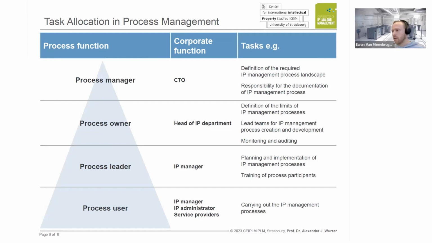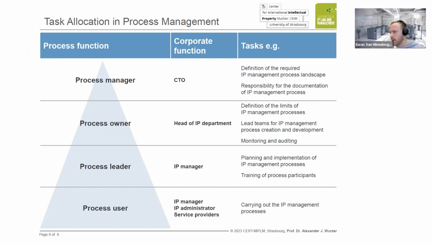Just to take it from the top down, the process manager is the person who's responsible for process definition, process landscape, and process documentation. That might be, for example, the chief technology officer. The process owner is more responsible for organization and controlling, and that could be a head of an IP department. Then further down, we have an IP manager, who can take the role of a process leader.